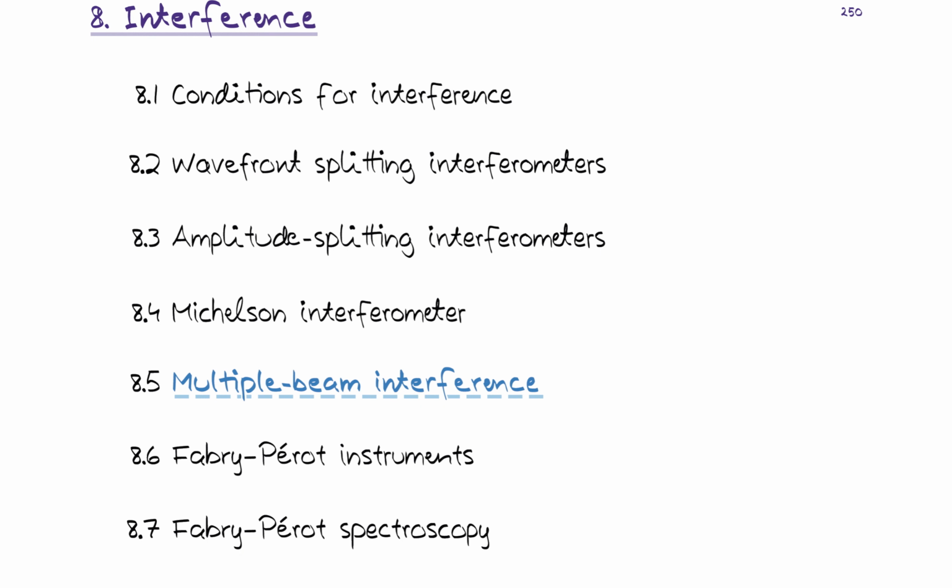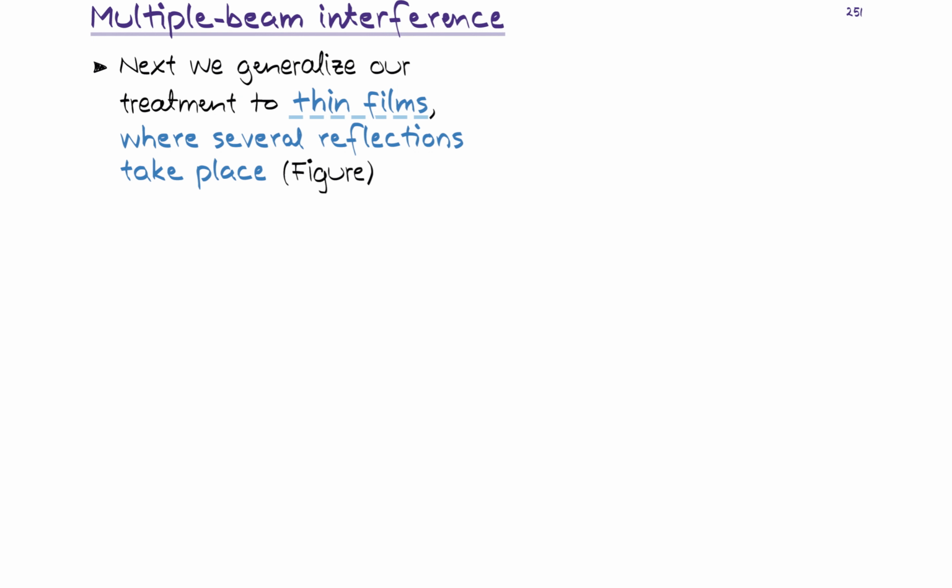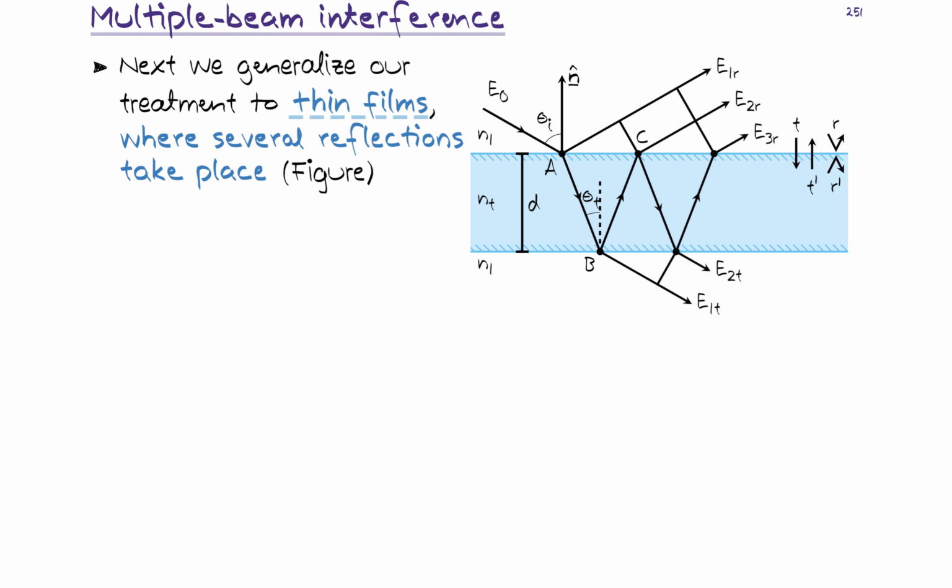Of course, the lecture is multiple beam interference, and the chapter is on interference effects. The course is optics. So let's generalize, like I have been promising for many times, our earlier treatment of thin films into a case where we now have several reflections taking place as shown in the figure.